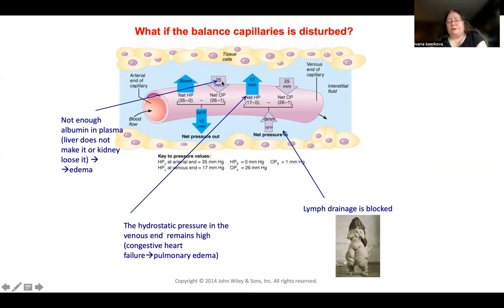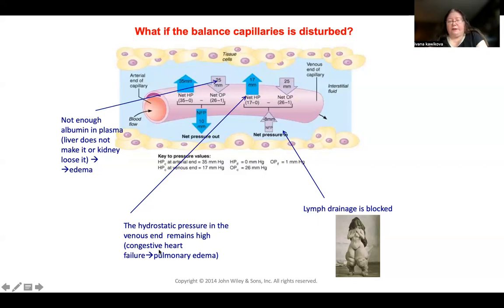The situations where we have a smaller amount of albumin happen when either the liver is not able to make it or the kidney loses a lot of protein. So liver and kidney diseases are associated with edemas because of low oncotic pressure.